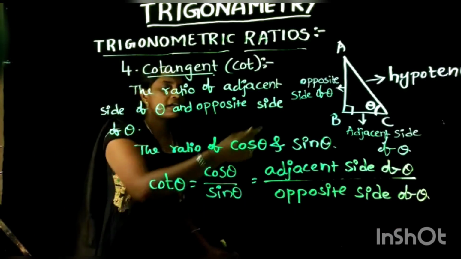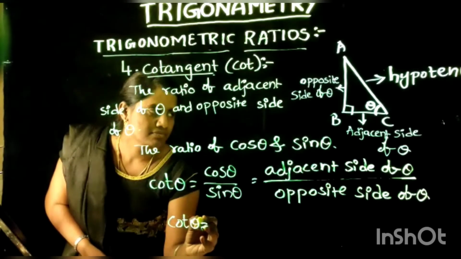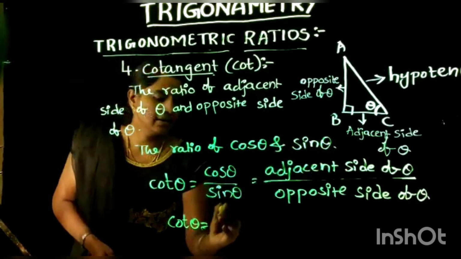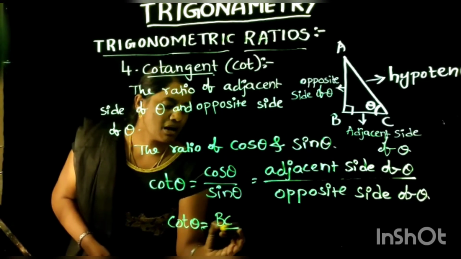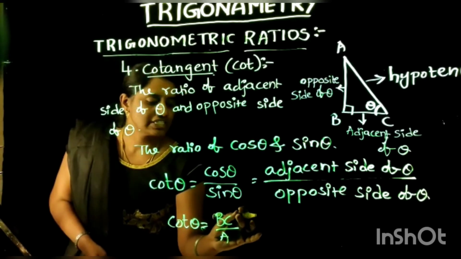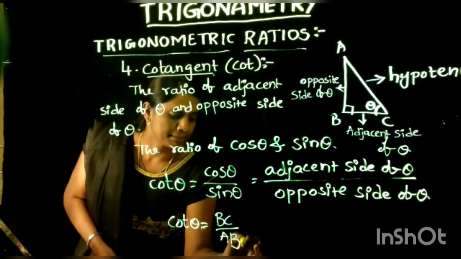From the figure of triangle ABC, we can write cot theta as BC by AB, the adjacent side BC by the opposite side AB.